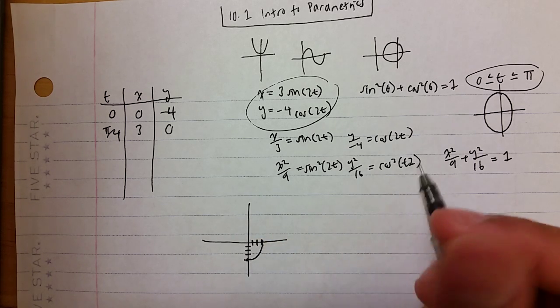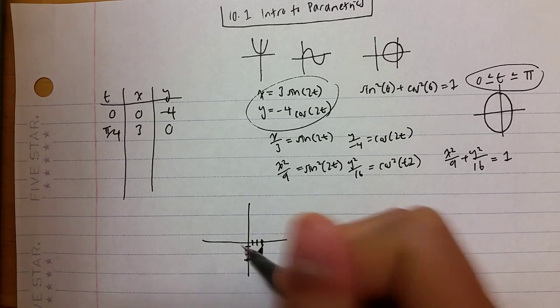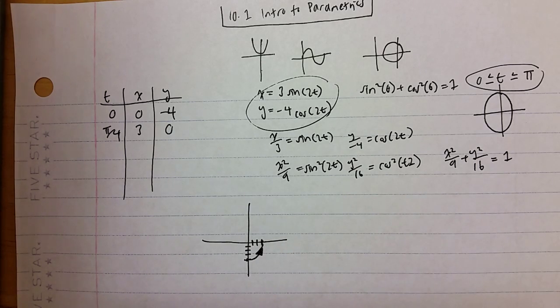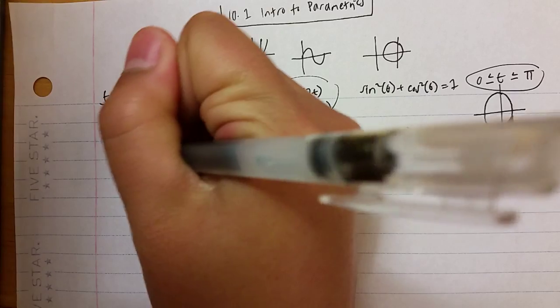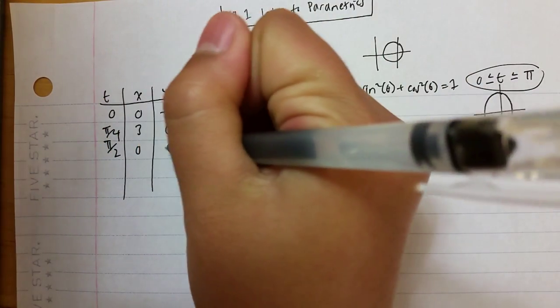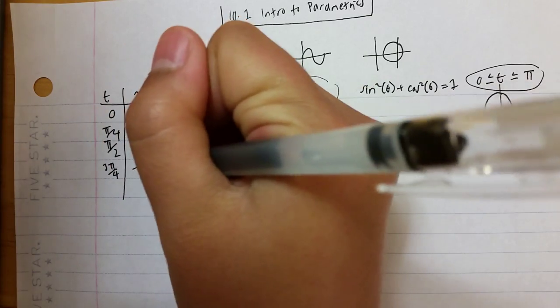So one thing you need to add to your graphs of parametrics is some sort of arrow indicating the direction of movement of the graph. So over here, you could draw an arrow like this. And let's just continue filling out this table. I won't show all the work, but you can probably guess what the points would be.